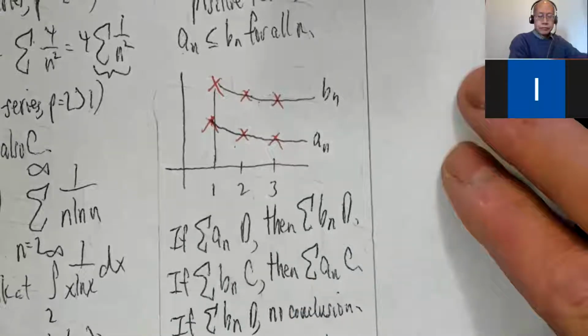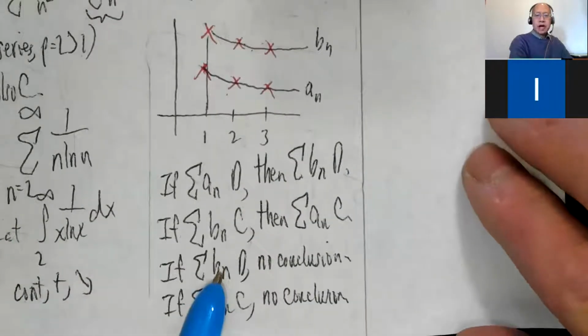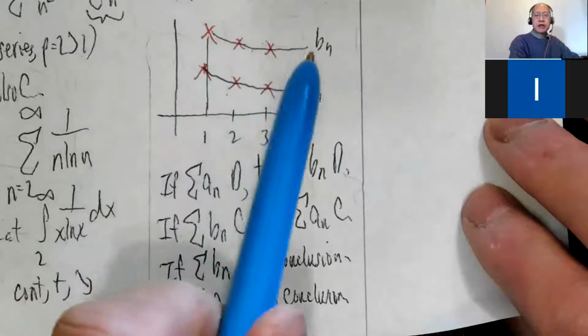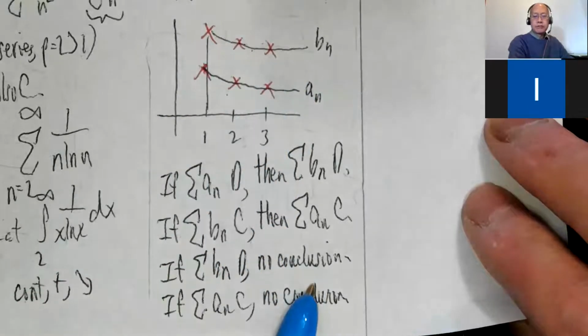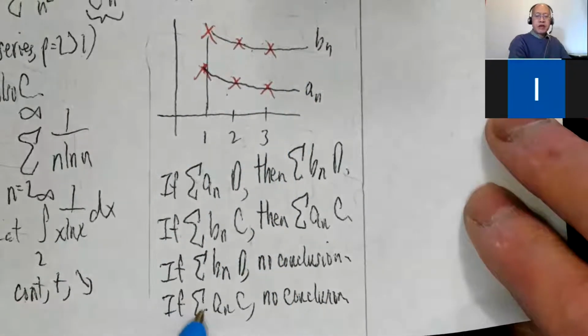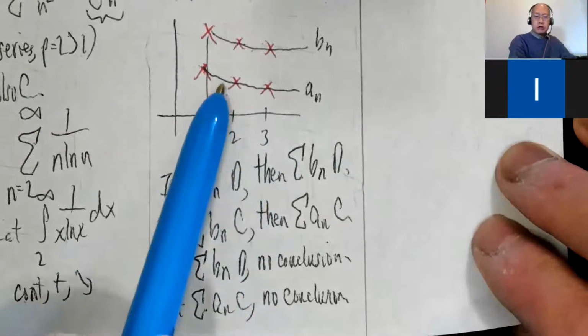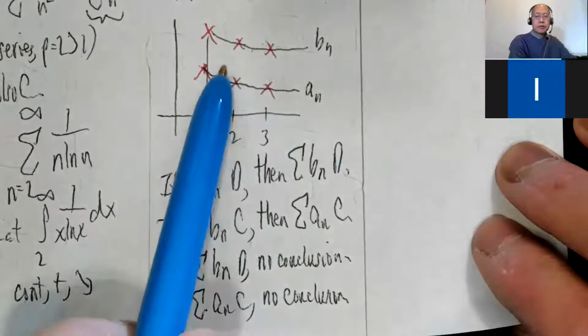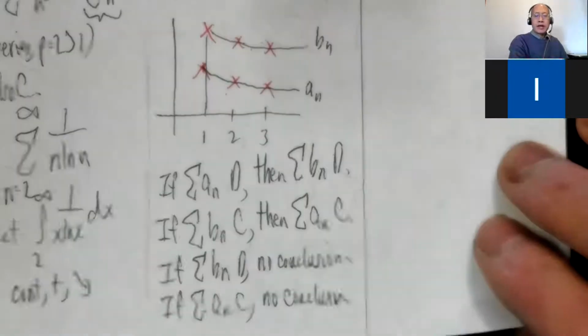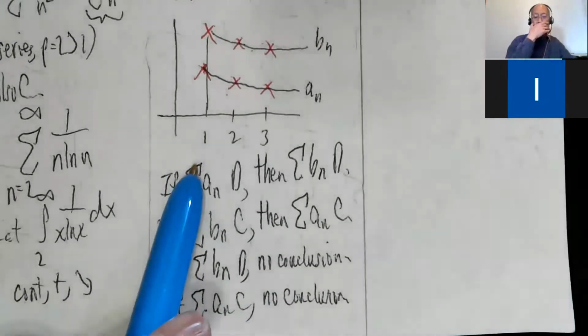Right? If summation b sub n diverges, the bigger series diverges, no conclusion. If summation of a sub n converges, the smaller series converges, no conclusion can be made, right? I gave you an analogy last time about people with money or something like that, right?